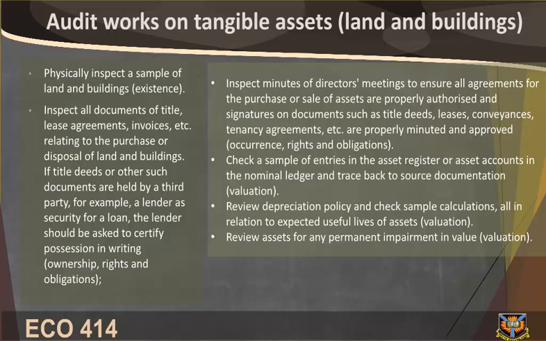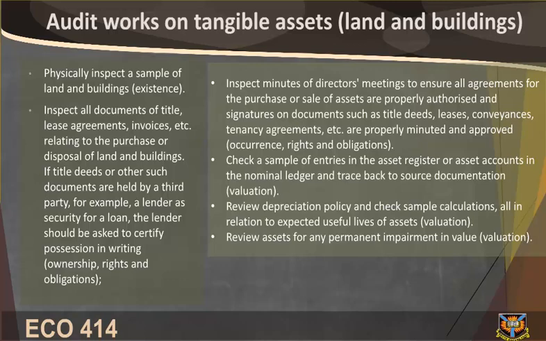Inspect minutes of directors' meetings to ensure all agreements for the purchase or sale of assets are properly authorized and signatures on documents such as the title deeds, leases, conveyance, tenancy agreements, and so on are properly minuted and approved: occurrence, rights, and obligations.